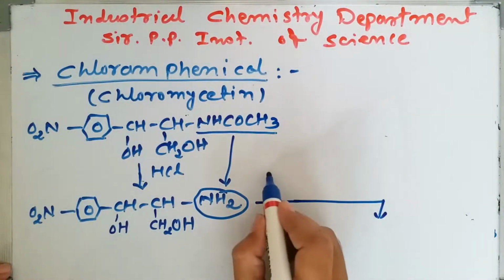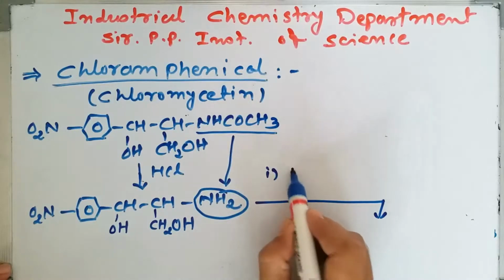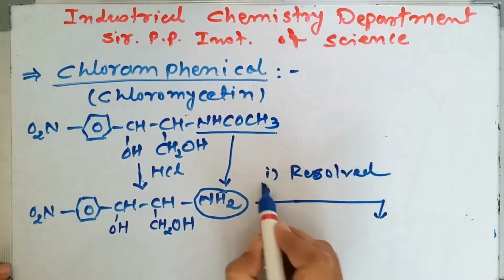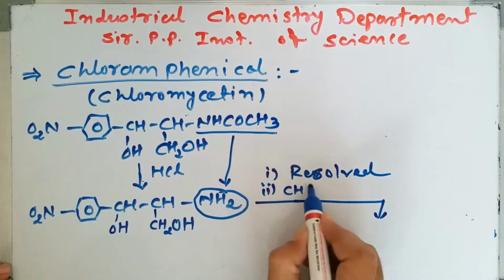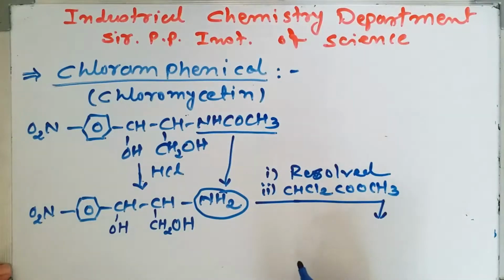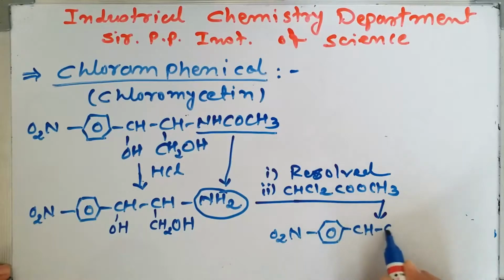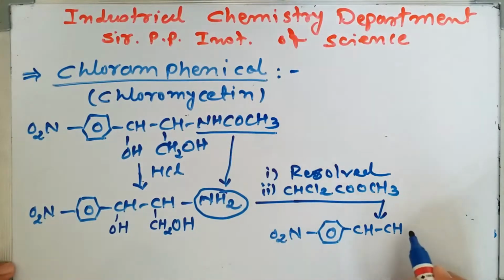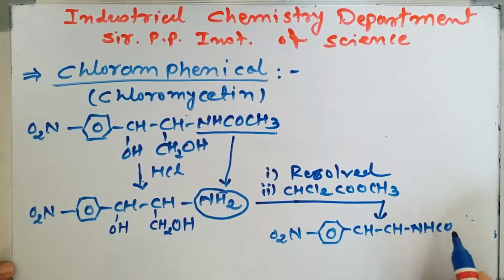Now this compound is treated with two reactions. First of all, we resolve this compound, and the reagent CHCl2COOCH3 is applied, and then we get the NO2 benzene ring, CH, and our NH2 is converted into NHCOCHCl2.